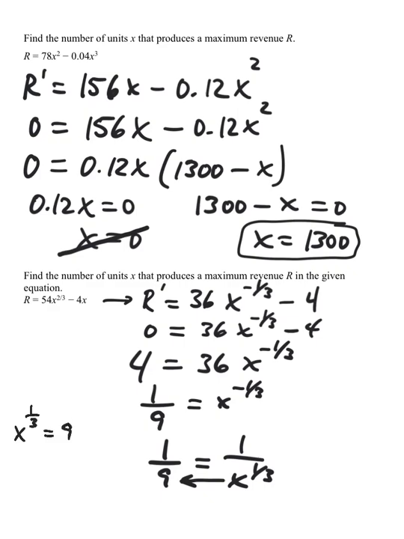To eliminate the 1/3, you cube both sides. Those will cancel. And if you multiply 3 9s together, what do you get? 729. Very good. So that is the number of units that maximizes revenue on that problem.